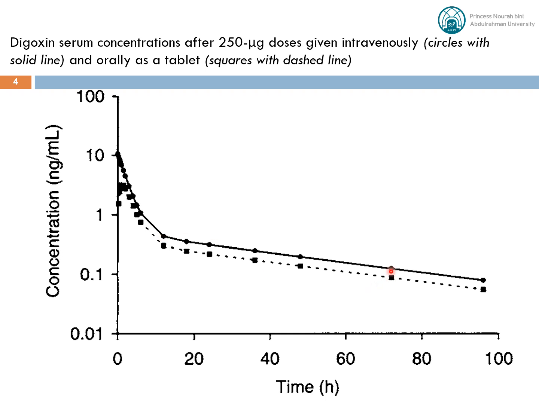Look at this after 60 or 70 hours, it is also 0.4 or 0.5 nanogram per milliliter. So this is the curve, the solid line, after administration of a single intravenous dose, which is 250 microgram.